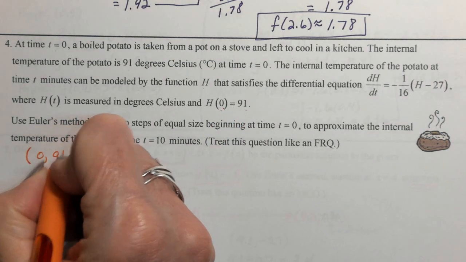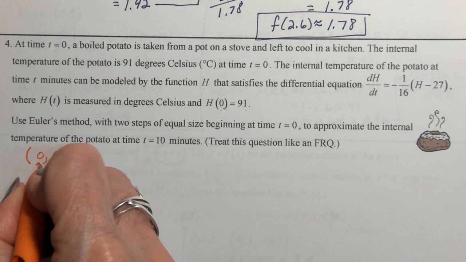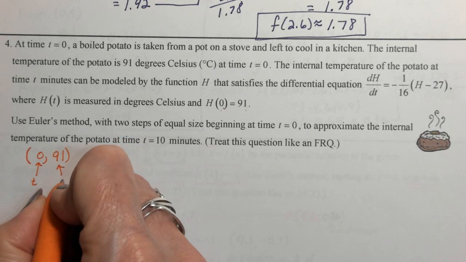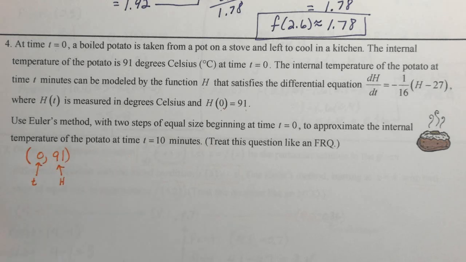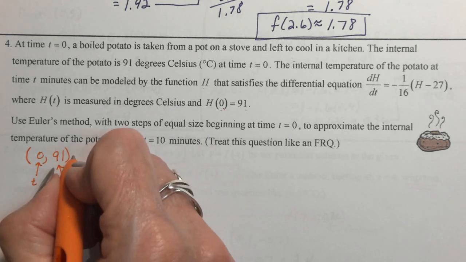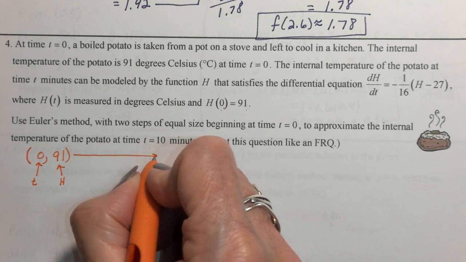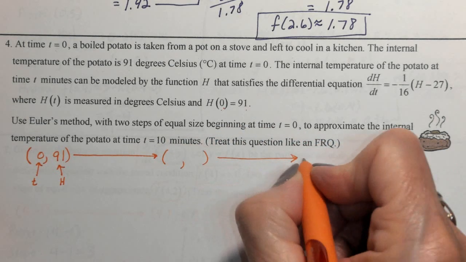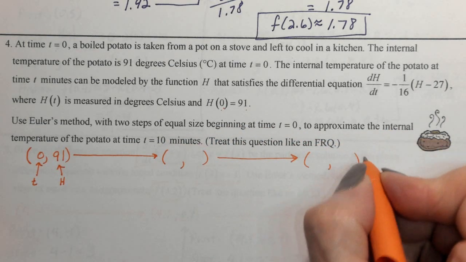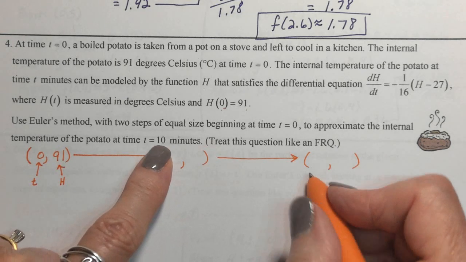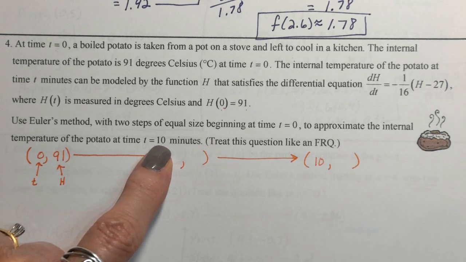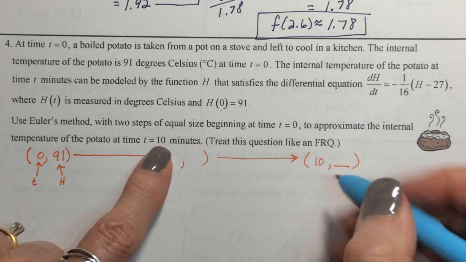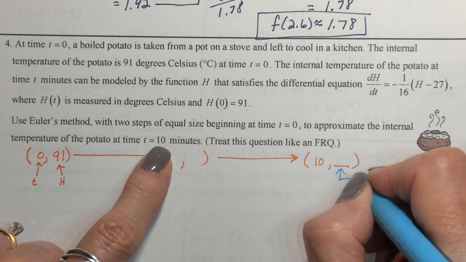Now there's a story behind this. So 0 is not just an x-coordinate, this is my time, and 91 is my temperature, h, right? We're going to take 2 steps, and we're going to end at time 10. So we're ending at time 10. This temperature will be my answer.